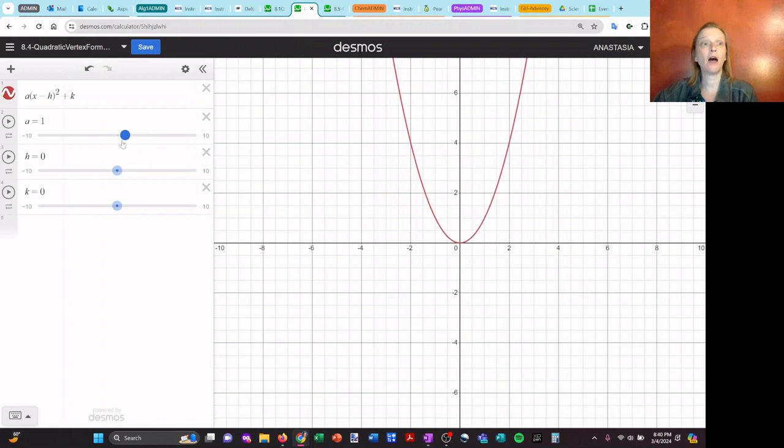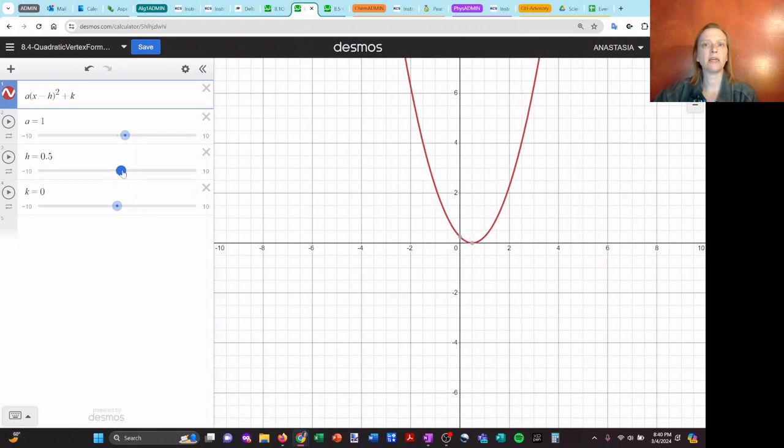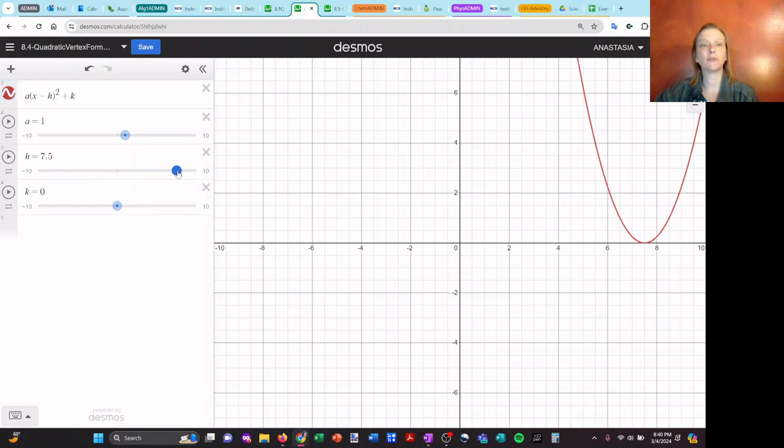Let's look at what h does. h is a variable inside parentheses, and notice there's a negative sign built into vertex form. So what we have is when we subtract a positive number, we shift to the right, and when we subtract a negative number, we shift to the left.